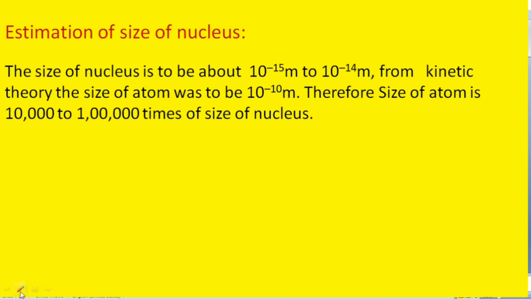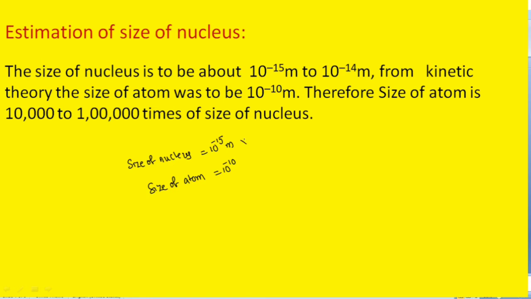You see here, size of atom is 10,000 to 1 lakh times the size of nucleus. Size of nucleus is 10 to the power of minus 15 meters, you take. Size of atom is 10 to the power of minus 10 meters.